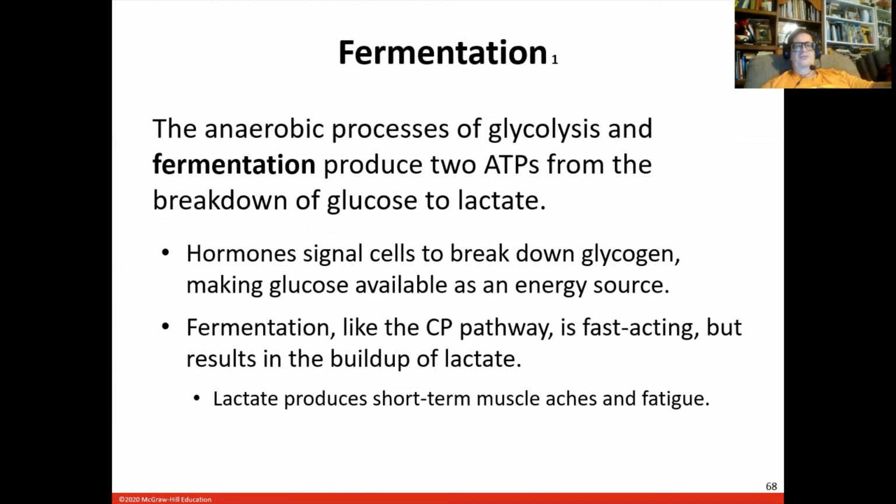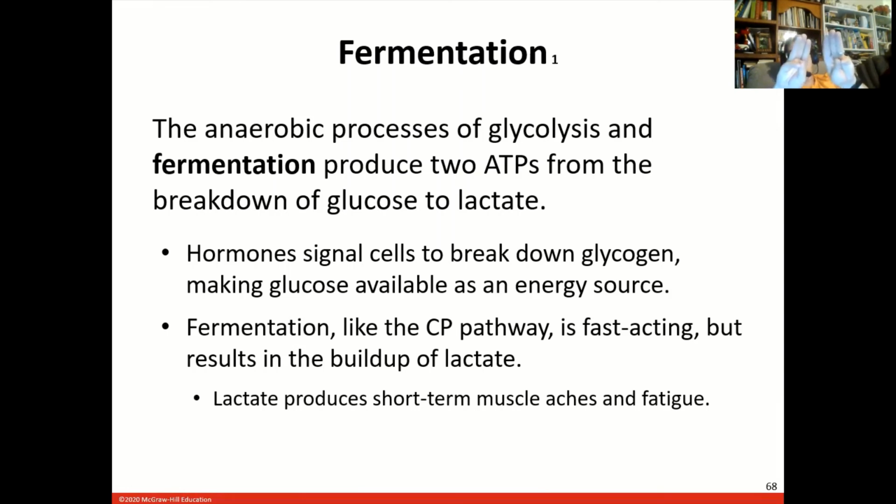So the anaerobic process of glycolysis and fermentation produces 2 ATP from the breakdown of glucose to lactate. Let me break that down for you, actually. Glucose is a 6-carbon sugar, and glycolysis breaks the glucose into 2 pyruvates. If we have enough oxygen around to be able to further break this down, we'll turn it into acetyl-CoA, and then we'll go through the Krebs cycle and oxidative phosphorylation, all that happy stuff.